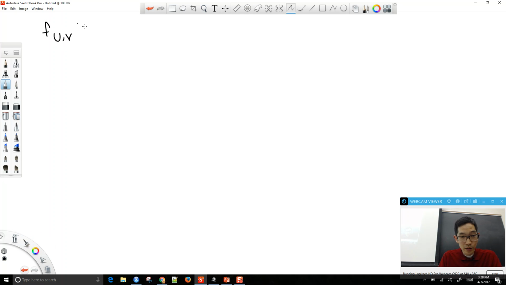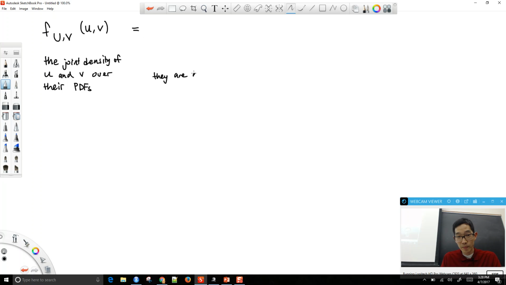We want the joint distribution of u and v, so this is the joint density of u and v over their PDFs, and they are mapped from x and y, okay?